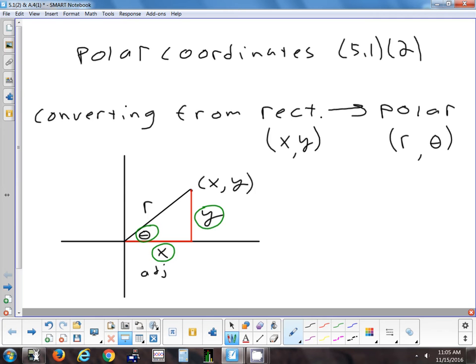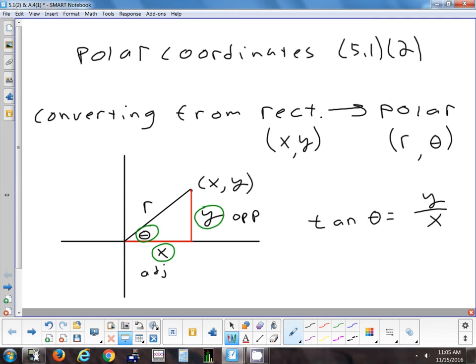And Nolan, how about the side that's farthest away from the angle? Opposite. Okay. Does anyone remember what trig function has opposite and adjacent in it? Tangent. So what I can do is write tangent of my angle equals opposite over adjacent.